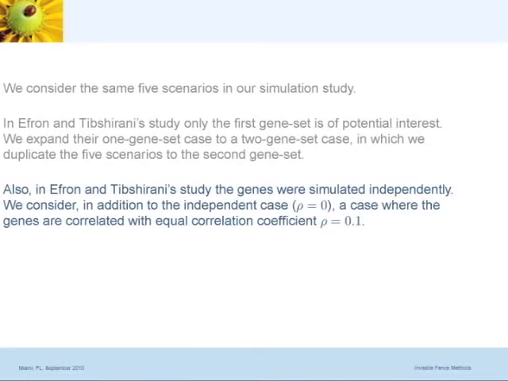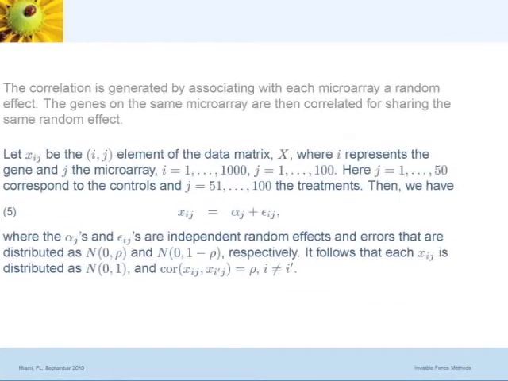We also considered a case where the genes are correlated with equal correlation equal to 0.1. This describes how you generate the correlations. We basically use the mixed effects model to generate data with the correlation, which I have to skip.